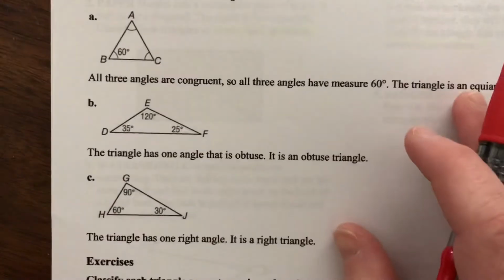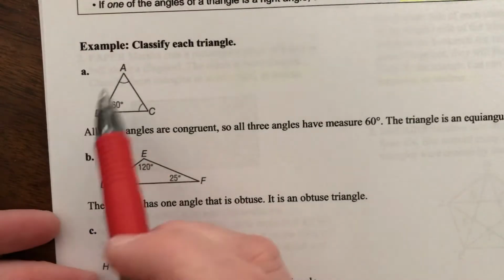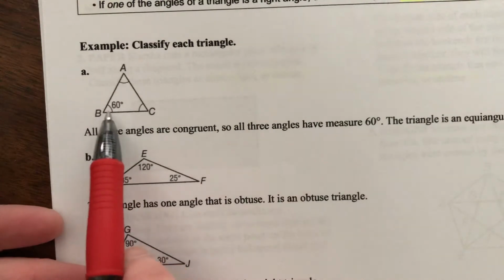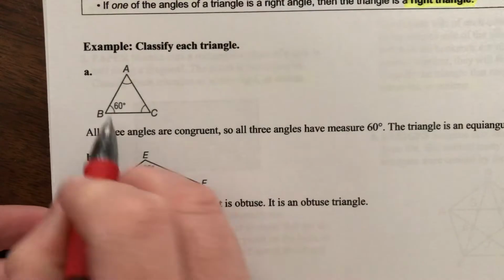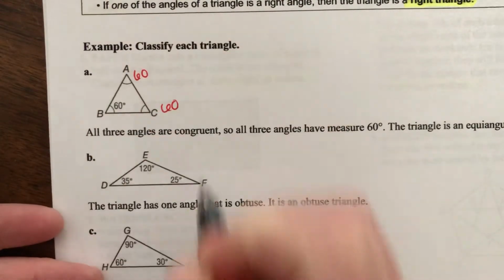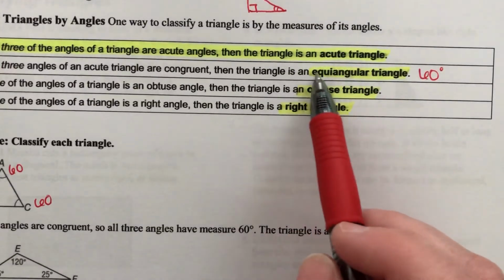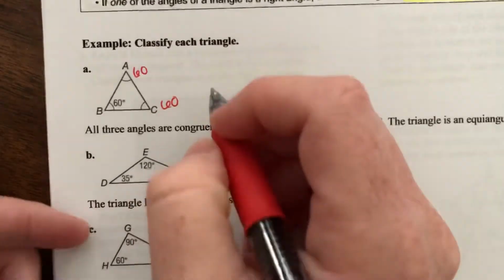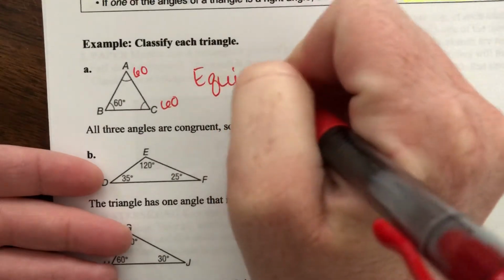So here we have some examples, and then your exercises are down here below that you have to do. So this is pretty simple. For A, we have 60 degrees here, and then all 3 angles are marked the same. If they're all marked with this little congruency mark, that means this is 60 and this is 60. And we talked about up here at the top, triangles that have 3 60-degree angles, when all the angles are the same, are equiangular.